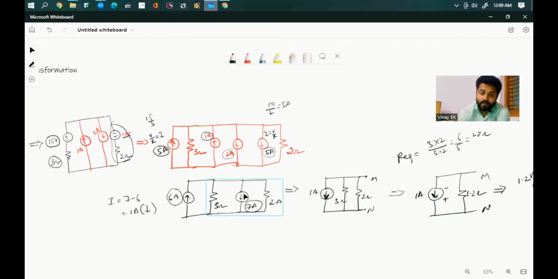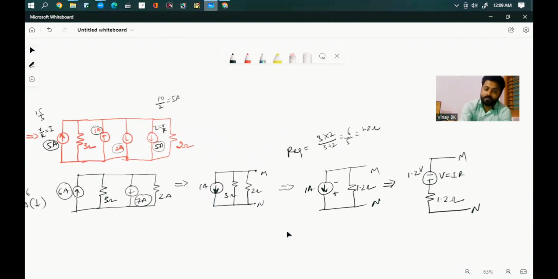The rest of the resistors are 3 and 2. Again 6 amperes flowing upward, 7 amperes flowing downward, but 7 amperes, that is the highest magnitude current, is flowing in the downward direction, so 7 minus 6, 1 ampere is flowing downward with respect to 3 and 2.